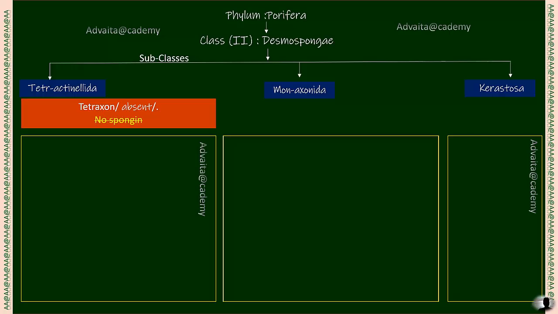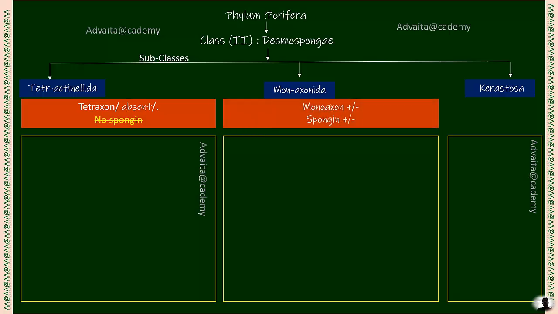Okay, let us see. In Tetractinellida, tetraxon spicules are either present or absent. In Monaxonida, the monaxon spicules are present or absent, with or without spongine fiber. So it is intermediate somewhere.